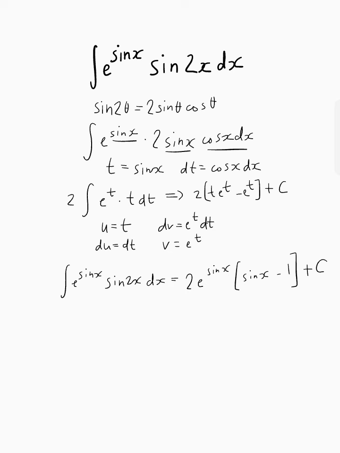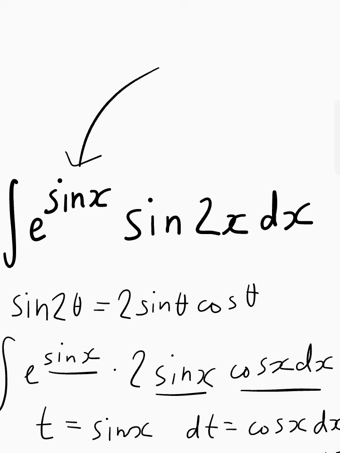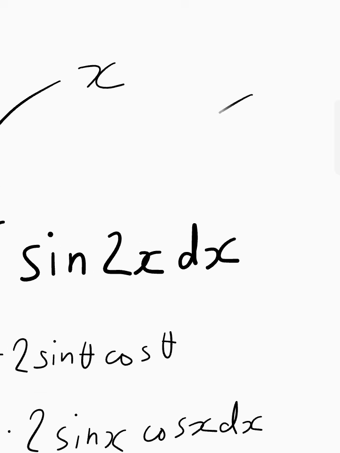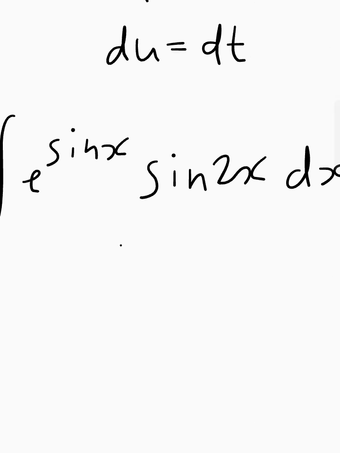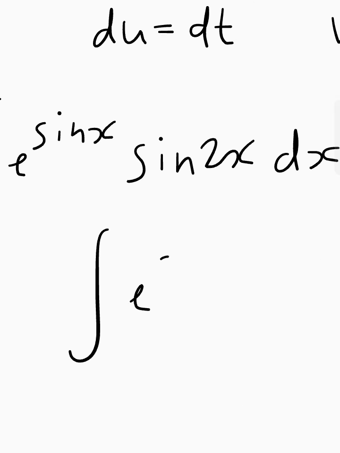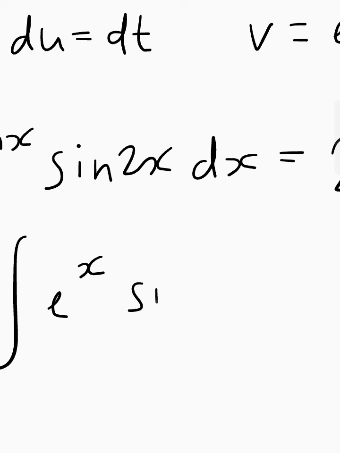But what I want to do now is modify my integral. So first of all, I want to turn this sine x into an x. And of course, I'll turn this 2x into a simple x. So I want to evaluate the integral of e to the x sine x dx.